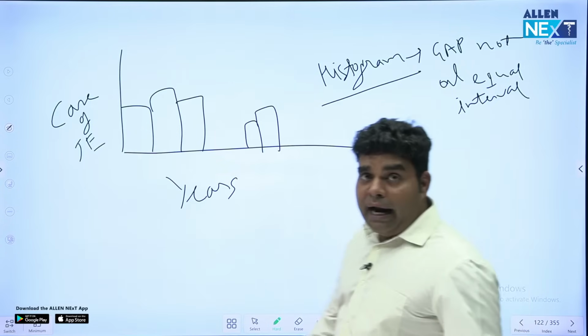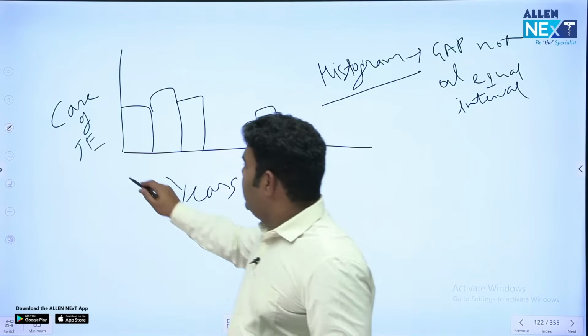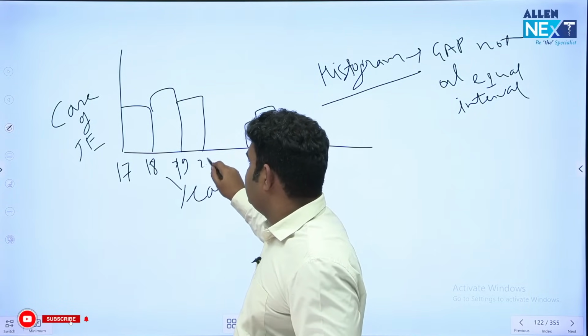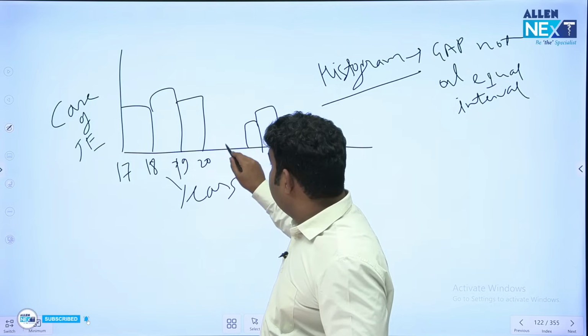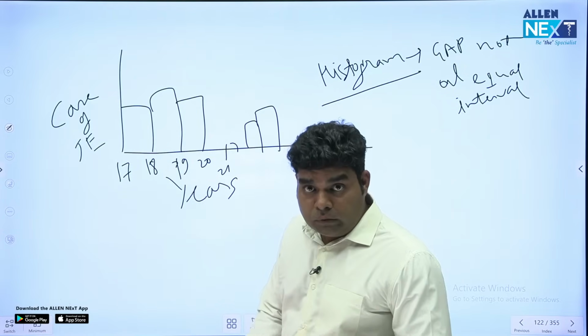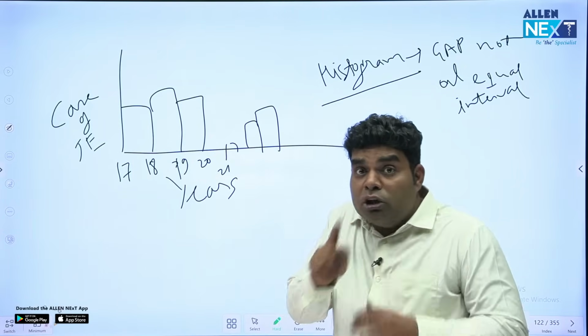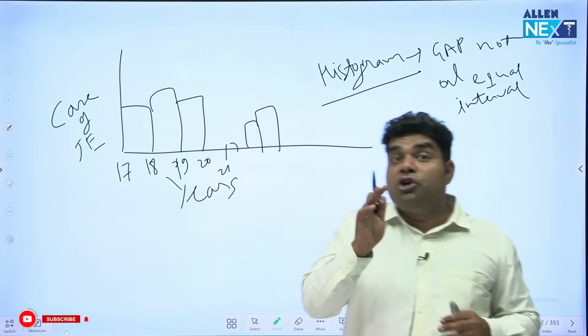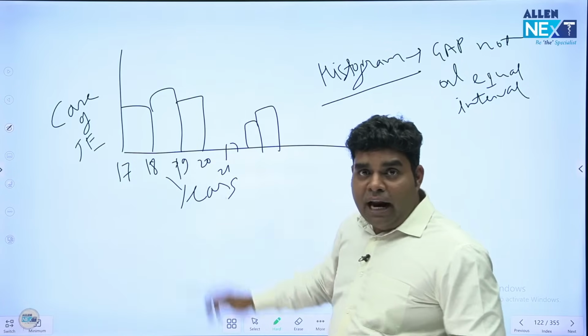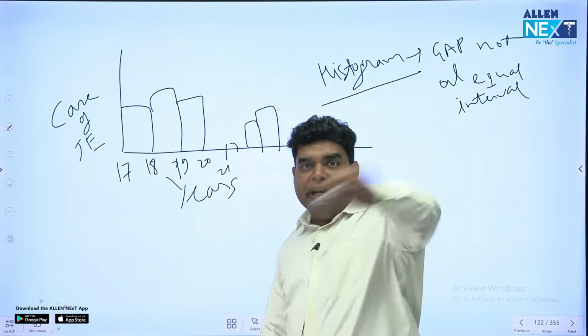Okay, and let's say I'm telling you the data of Japanese encephalitis from 17, 18, 19, 20, then in 2020, 21, COVID came and 0 cases were reported. So this is not a real gap. This is also telling us that in this duration there were 0 cases of JE. So remember this point, that in a histogram there is no real gap.